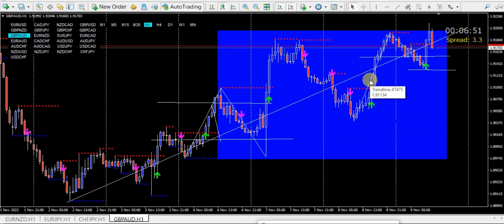When this happens, this is what follows. Those are the attitude and the characteristics of market movement, especially what we call trend, which is also the direction.